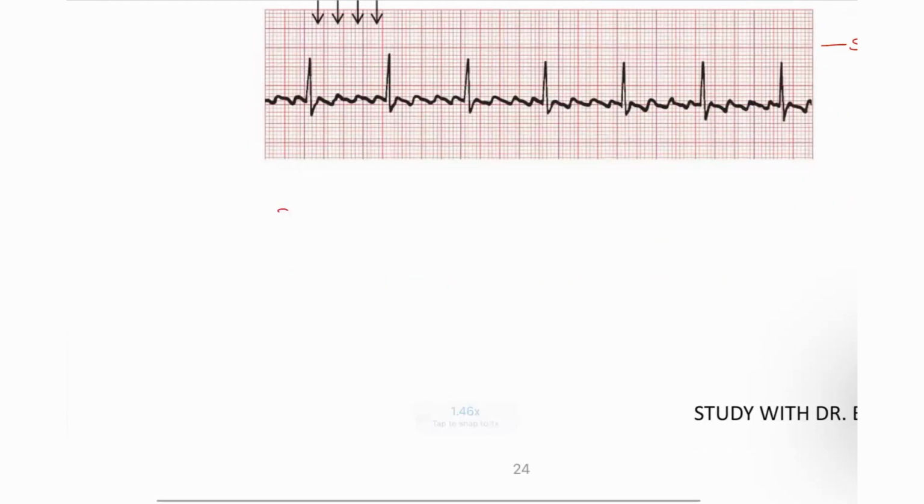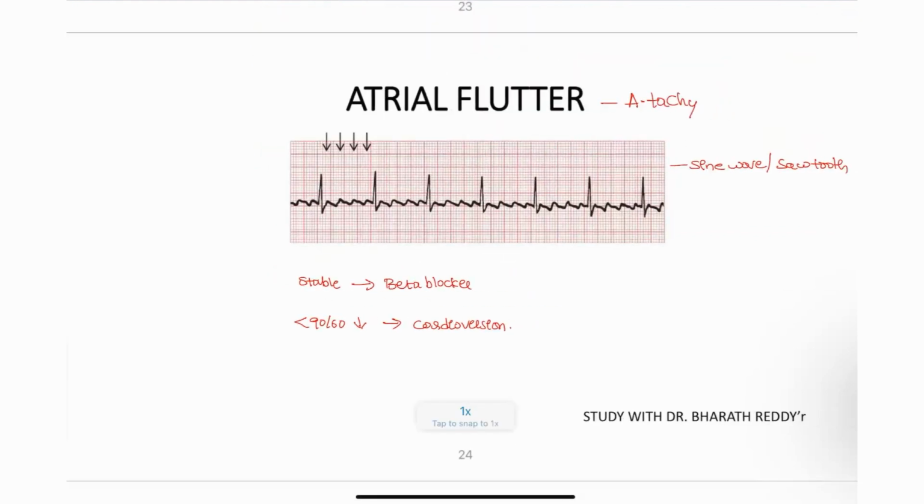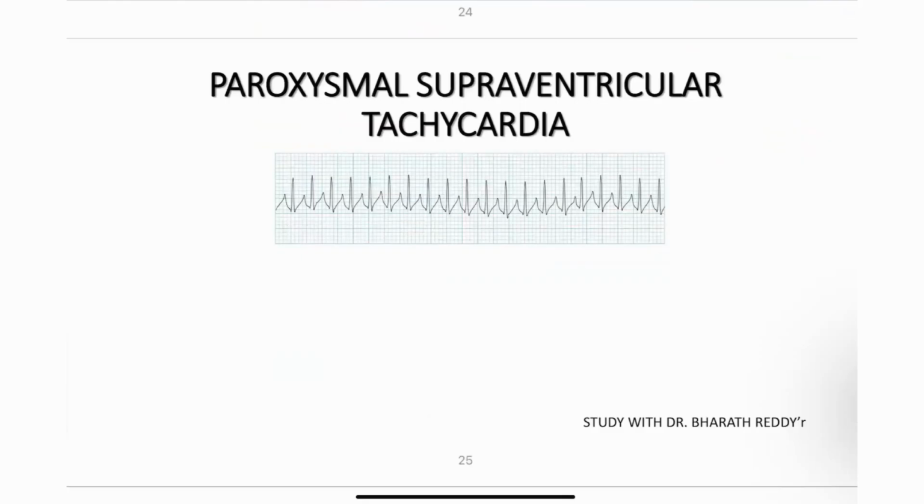If the patient is hemodynamically stable, then we can go for beta blockers to decrease the heart rate. For patients with blood pressure less than 90/60 who are unstable, we have to go for cardioversion for this patient also.